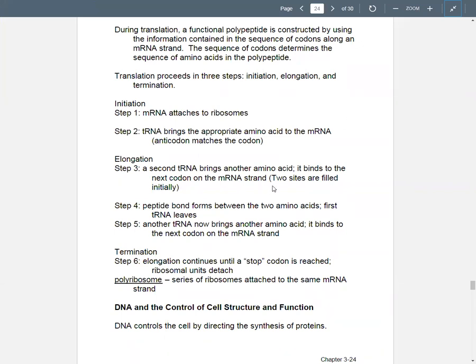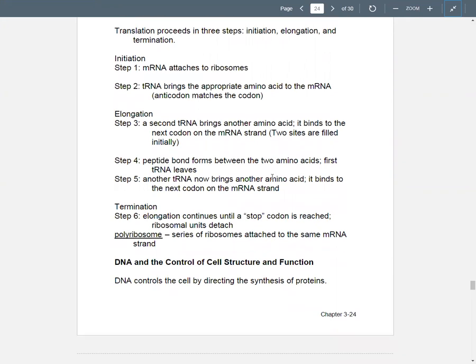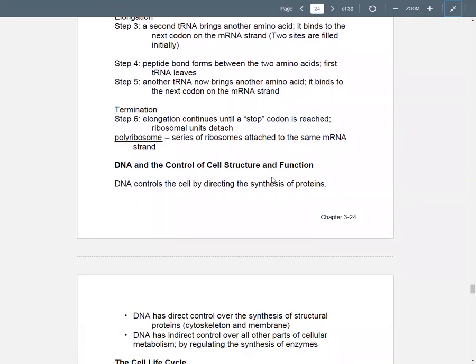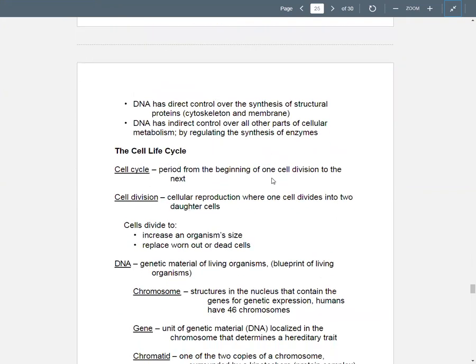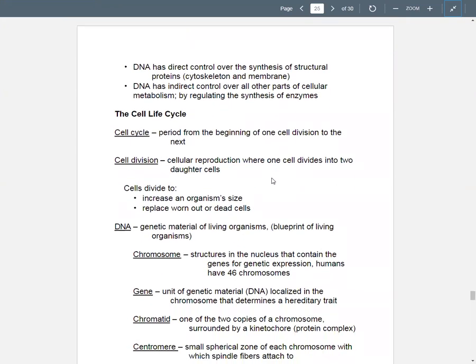So you learn a little bit about production of RNA, production of protein. DNA, again, controls your cell by directing protein synthesis, making proteins. Your DNA is going to have direct control over making structural proteins.